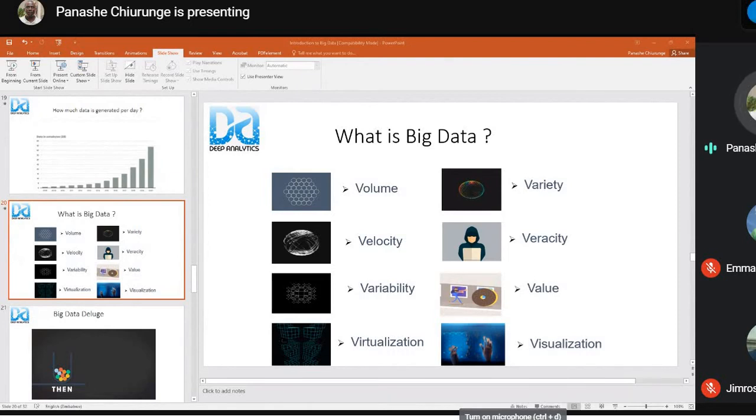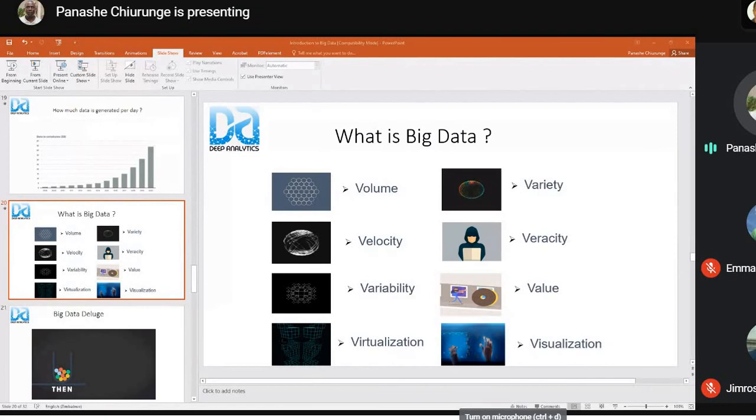So virtualization looks at the storage and the compute capability of data: where is it stored, and what compute power do we need to store that data? So that's virtualization. And the last V of the 8 V's is visualization.